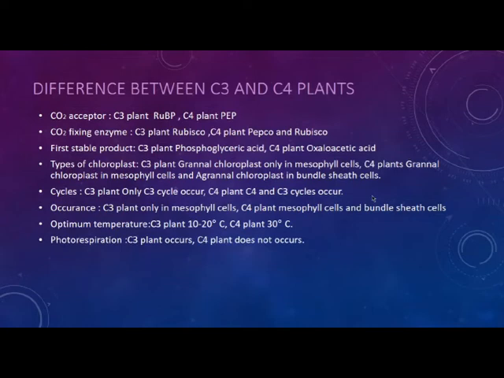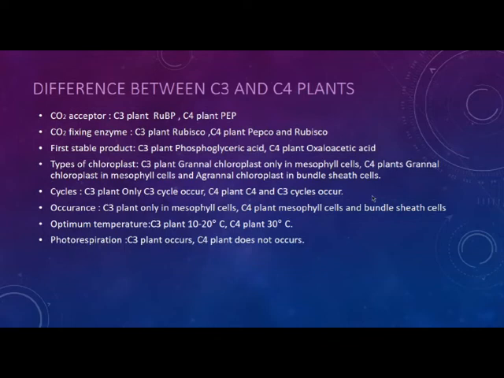The differences between C3 and C4 plants: first of all, we will see the carbon dioxide acceptor. The carbon dioxide acceptor of C3 plants is RuBP, while for C4 plants it is PEP or phosphoenol pyruvate.